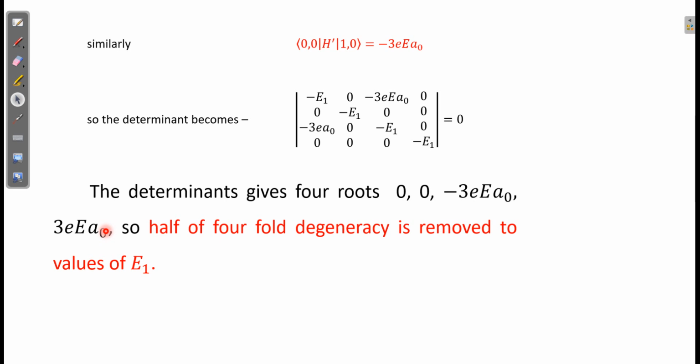But after solving the determinant, you will get 2 values equal and 2 values different. So half of the degeneracy is removed. Of 4 एनर्जी स्टेट्स में 2 एनर्जी स्टेट्स डिफरेंट आ गए, दैट मीन्स हाफ डिजेनरेसी इज रिमूव्ड.